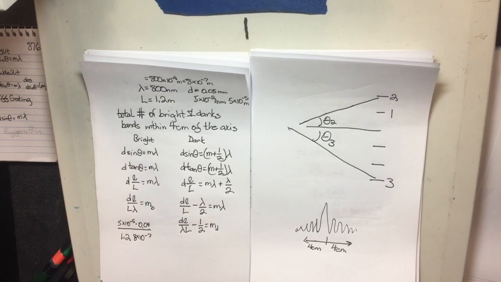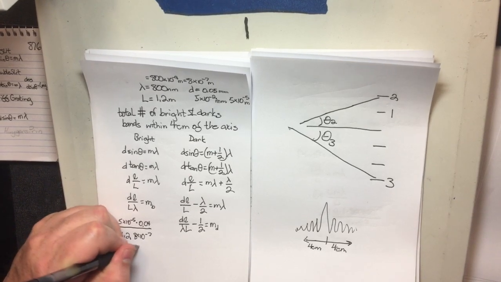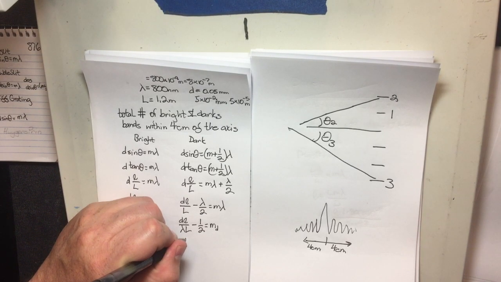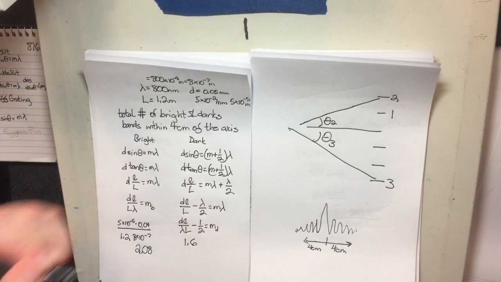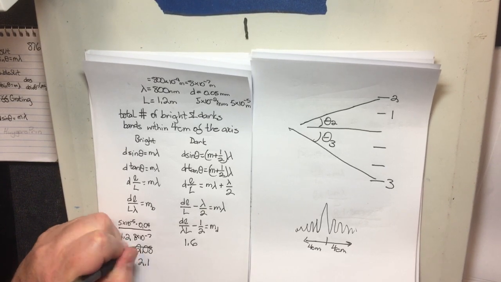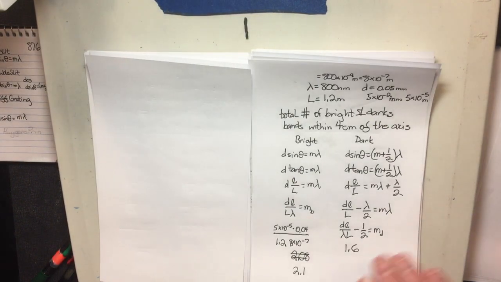And that gives me an m that hopefully works. I get 2.08 for bright, and minus 0.5, m dark is 1.6 effectively. So I could use 2.1 and 1.6. Those are my m's.